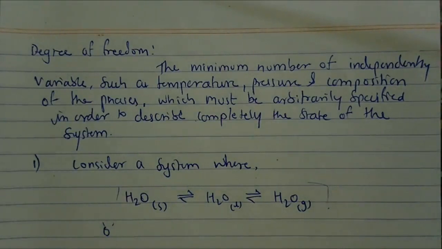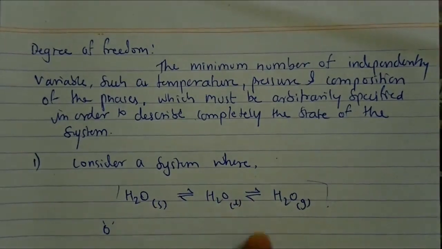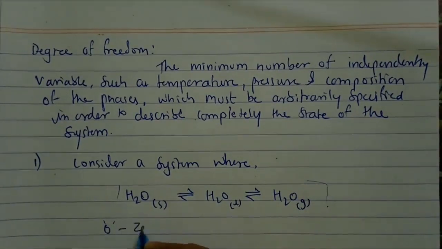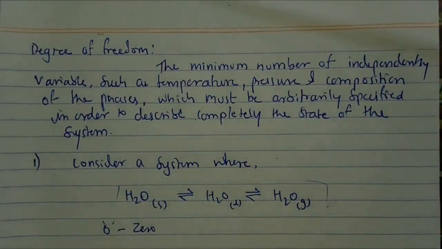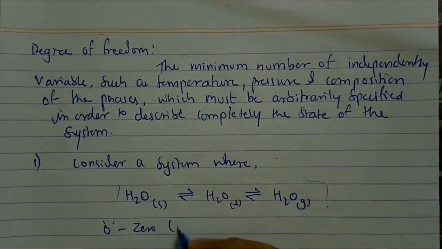If you slightly change the temperature or pressure, this will get disturbed and it will convert either solid to liquid or liquid to gas and so on. Is that clear? So this type of system will have 0 degree of freedom, or it is an invariant system. It is called an invariant system.